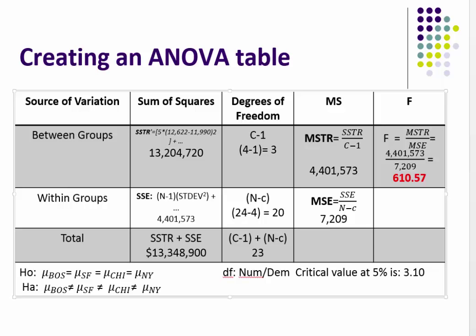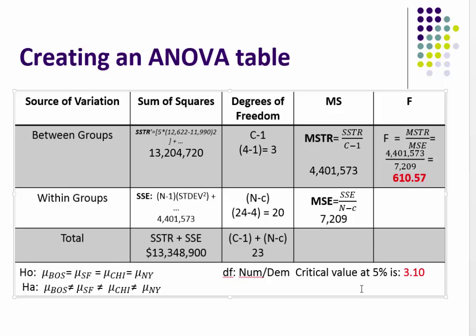So I looked up my F value by going across the top to find 3, which is the third, fourth column over. The first column is the alphas. Then I came down the left until I found the other degrees of freedom number of 20. And I found that the critical value here is 3.10.